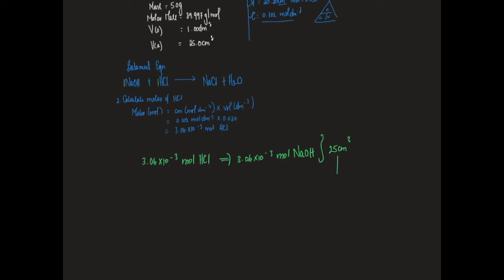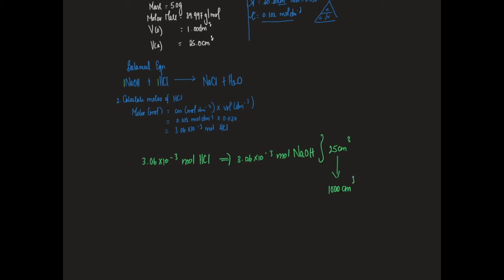However, the volume of the original sample was 1.00 cubic decimeters, or we can convert that into cubic centimeters so that the units are uniform. So we're going to go with 1,000 cubic centimeters. And you can go either way.